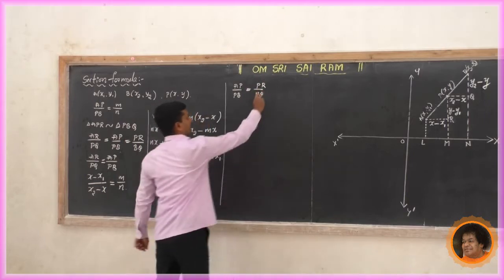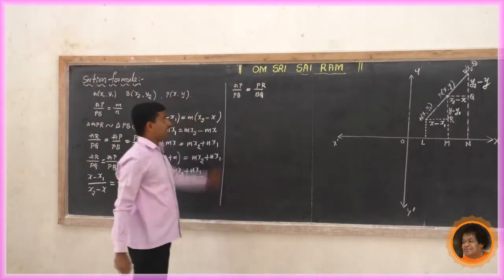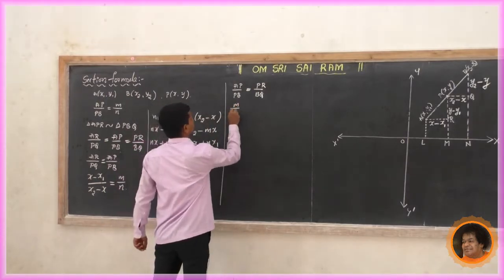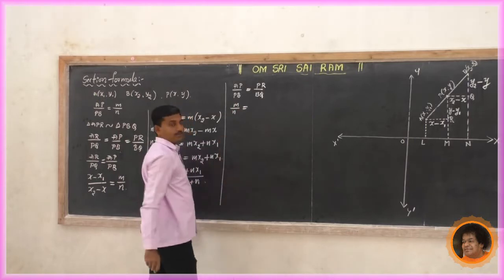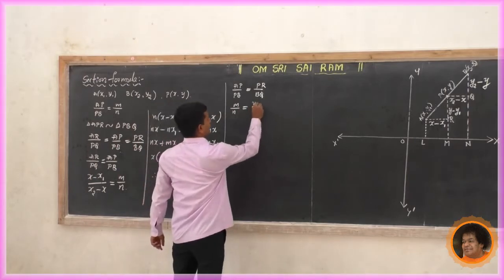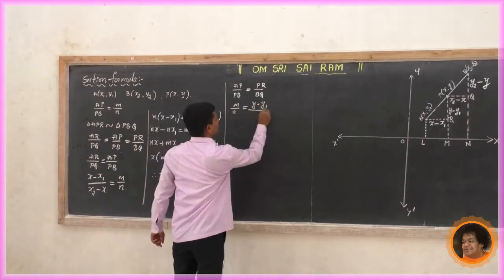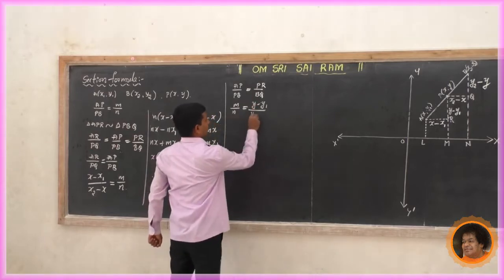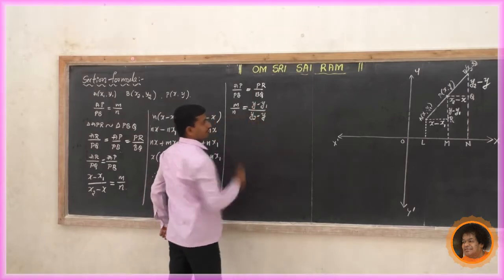Now substitute the value of BQ. AP by PB, that is M divided by N, equal to PR by BQ. What is the value of PR? PR is y minus y1, divided by BQ. BQ is y2 minus y.